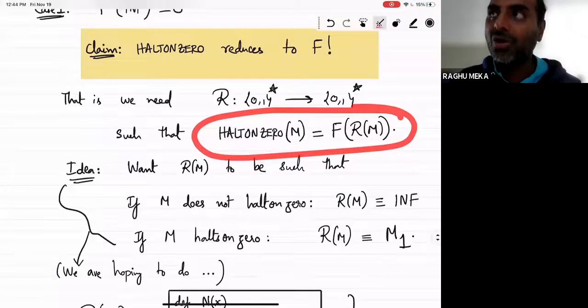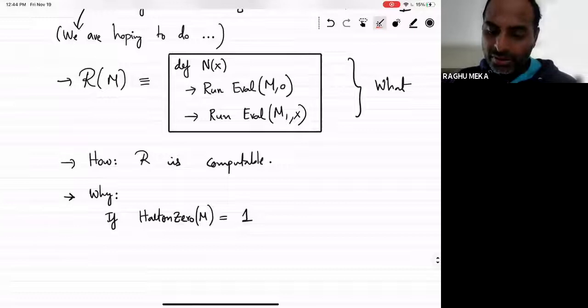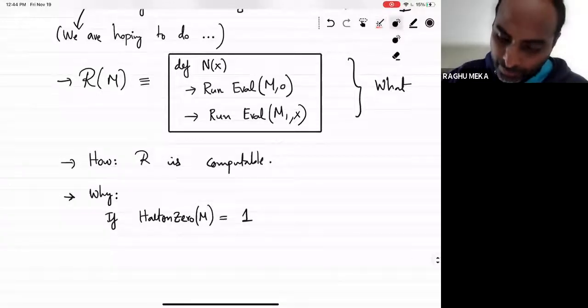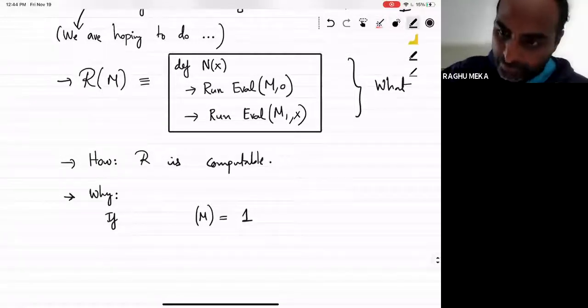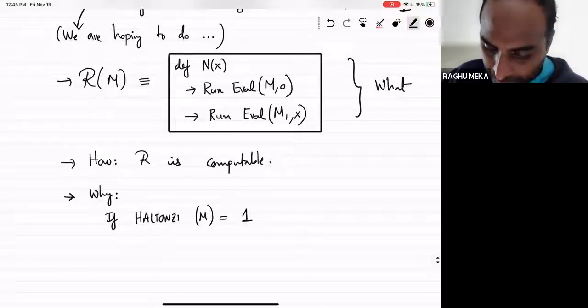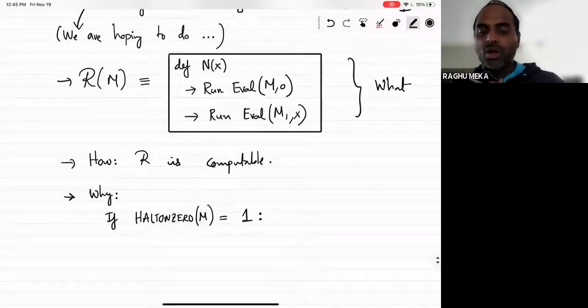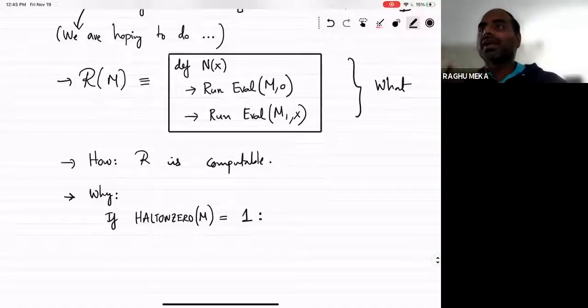The behavior of halt on 0 and F are identical. So suppose M actually halted on 0. What can you tell me about R of M? What is its behavior like?